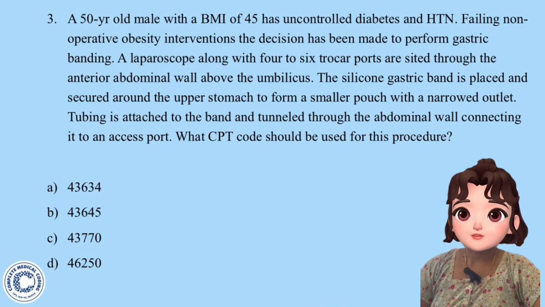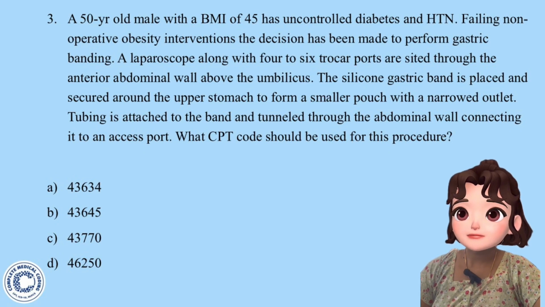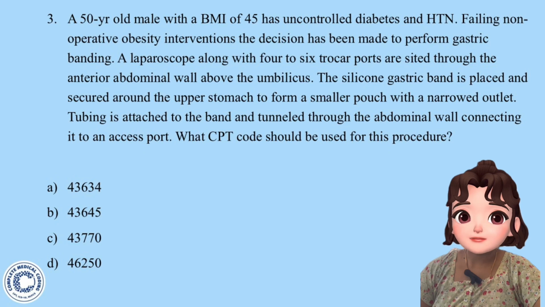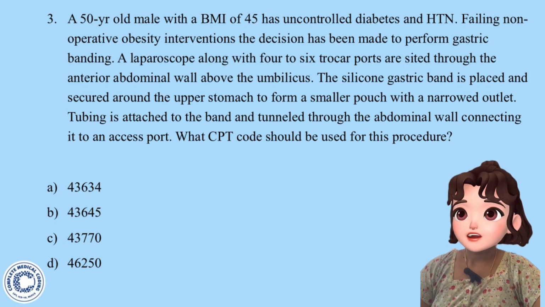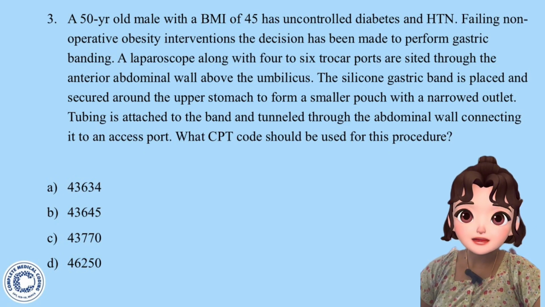So friends, let's move to the third question. A 50-year-old male with a BMI of 45 has uncontrolled diabetes and hypertension. HTN represents hypertension. Okay. Failing non-operative obesity interventions, the decision has been made to perform gastric banding.